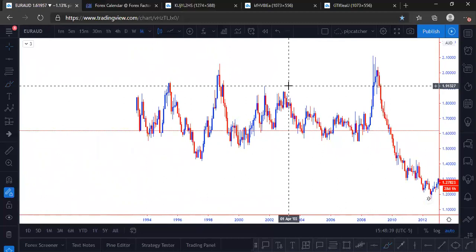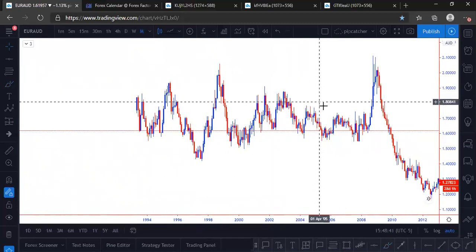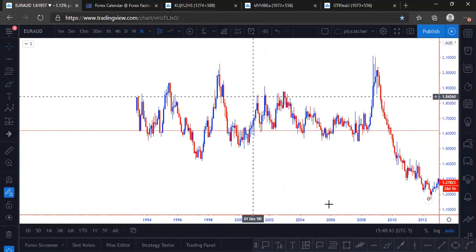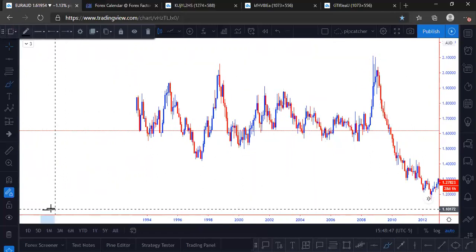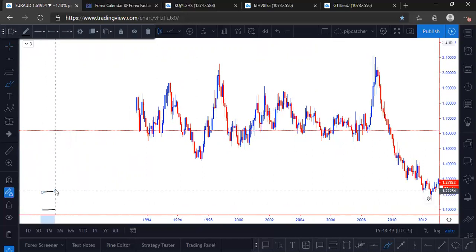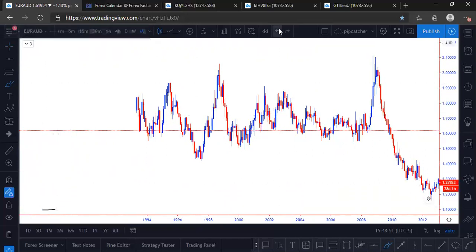We talked about how the banks always want to buy lower and sell higher than everyone else, right?